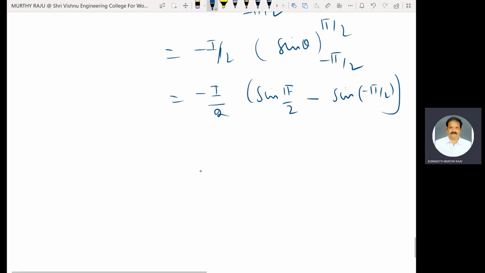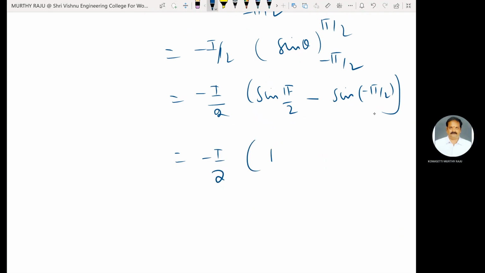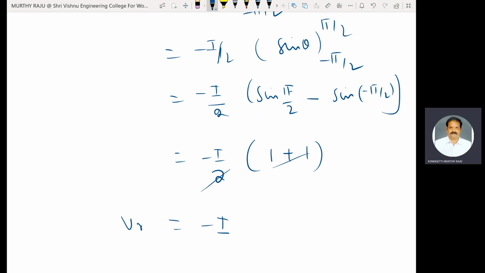That is minus I by 2, sin pi by 2 is 1, sin of minus pi by 2 is minus sin pi by 2, minus into minus plus 1, the 2 is cancelled, therefore Vm is minus I.